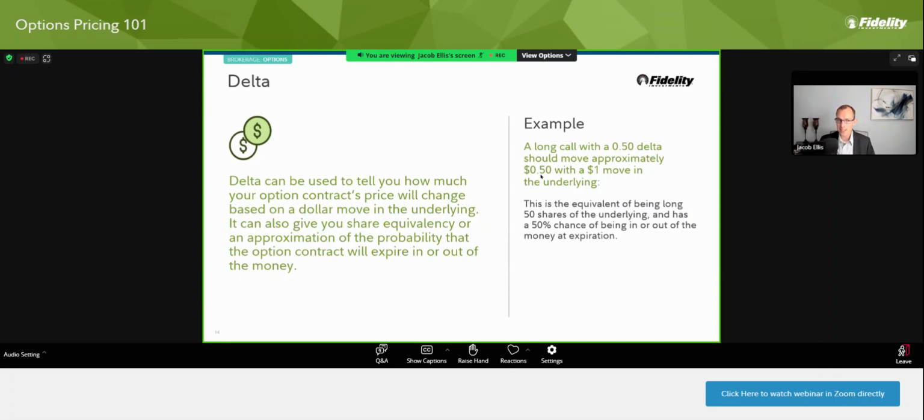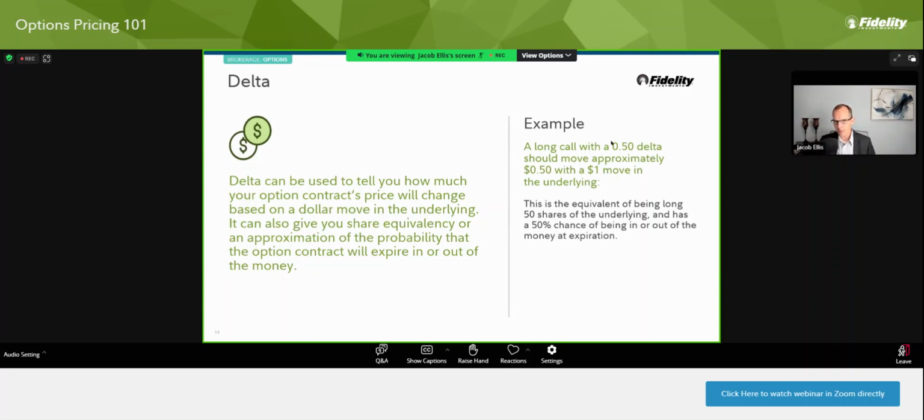That would be a 50-cent change to the option's premium, or a $50 change to our account balance, based upon each contract that we happen to own. That change is going to represent a gain for us. But if we were to instead own 50 shares of the stock, we also would have earned $50, right? 50 times our $1 per share. There's another way for us to do that. So that's what they call share equivalency.